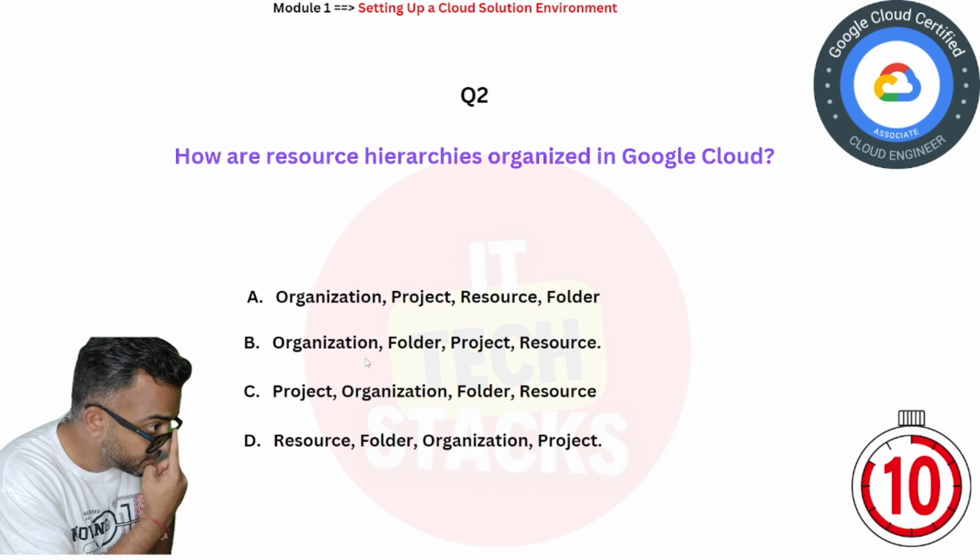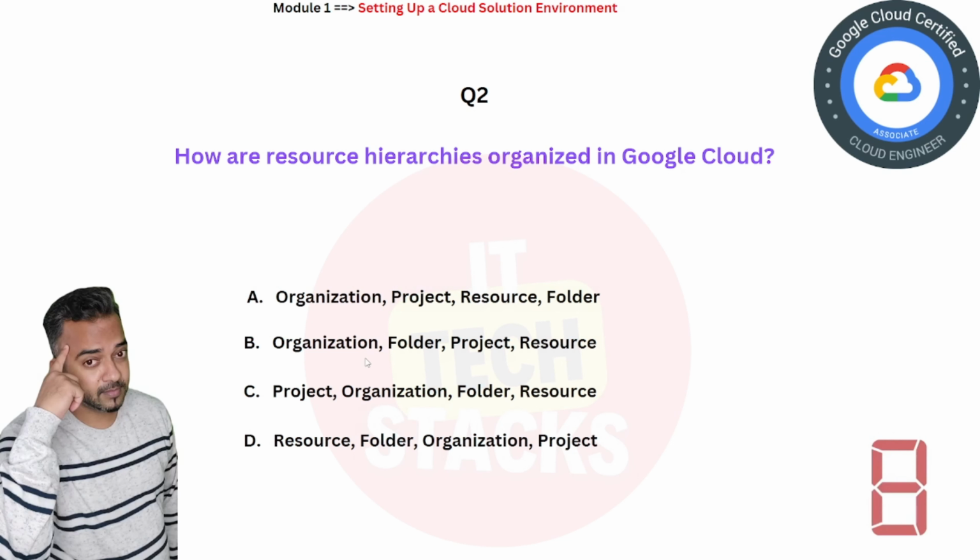Or option D, resources, folder, organization and project. Out of these 4 options, which one is the correct hierarchy? You will get 10 seconds and your time starts now.